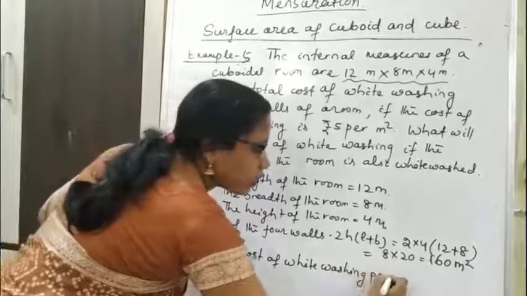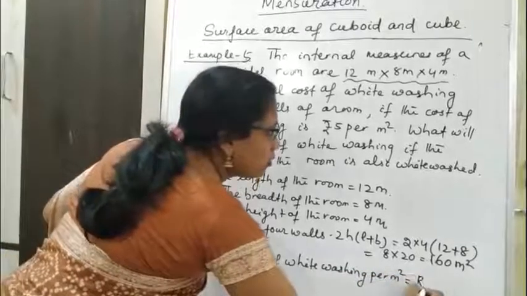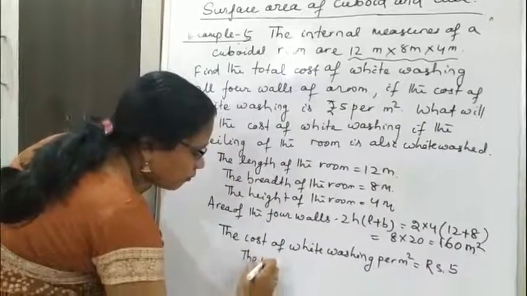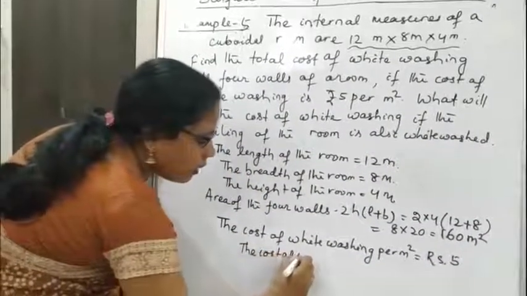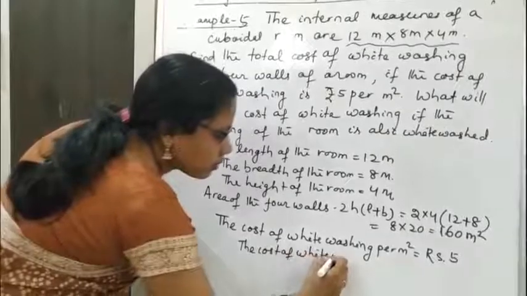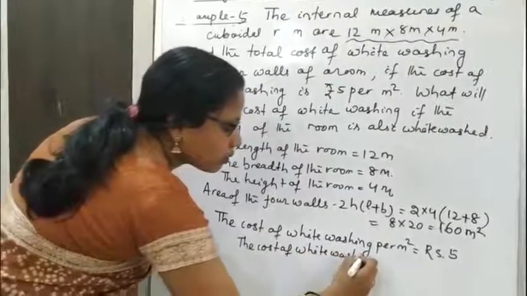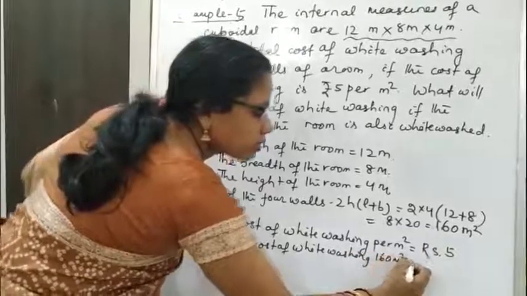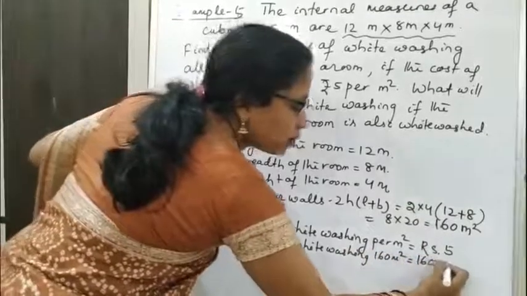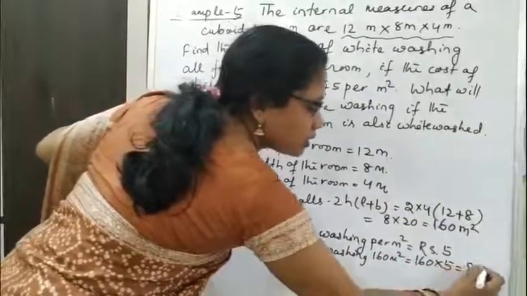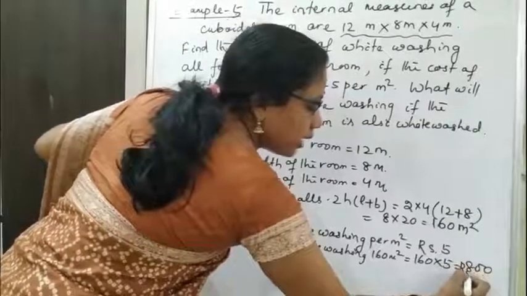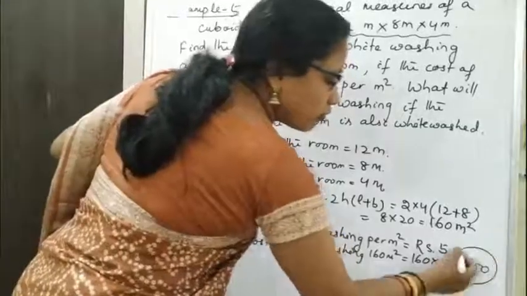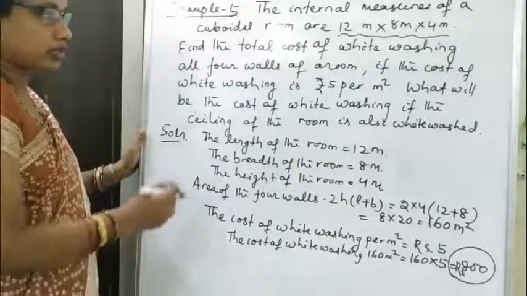So the cost of whitewashing 160 meter square, that means the 4 walls, is 160 multiplied with 5. So that is rupees 800. So this is the cost for whitewashing the 4 walls.